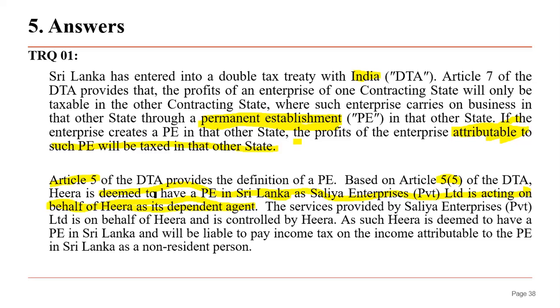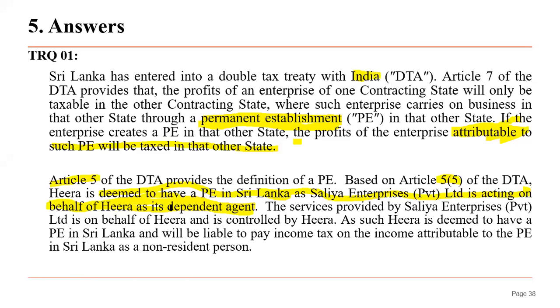Why is the PE coming as a dependent agent? We explained that when we were discussing the agency PE, right? Then Hera is liable. Why? Because Salya is here as a dependent agent.